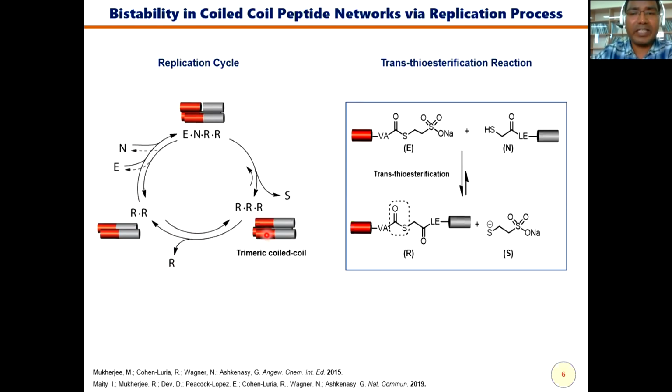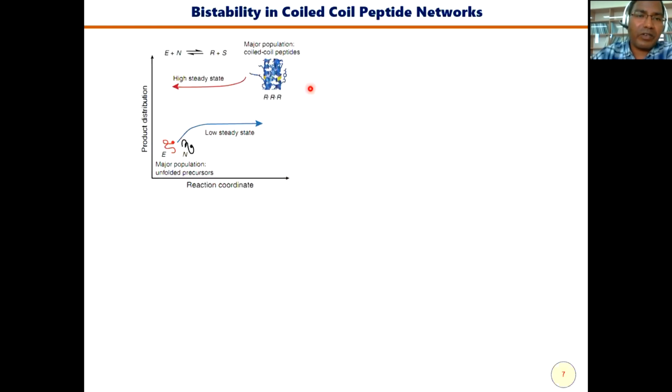Here you can clearly see that the rates of the forward and backward reactions, meaning formation and decomposition of the replicator, are not similar because of the formation of a trimeric coiled-coil structure. It is folded and stable. It does not decompose to give the electrophile and nucleophile, so it gives two steady states. One is the high steady state, and the other is the low steady state.